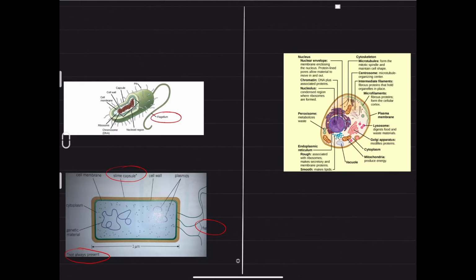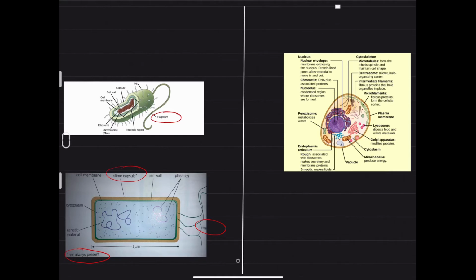Just be aware that the slime capsule and the flagellum or flagella are not always present. So then your attention has to be drawn to the nucleus or the genetic material, the lack of a nucleus or plasmids. So that's why when we were noting down the key characteristics of eukaryotic and prokaryotic cells, I drew your attention to the genetic material and how the genetic material is stored within these cells.